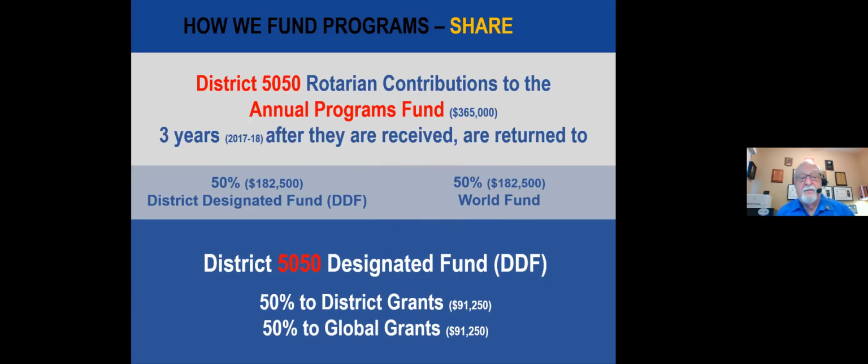The other half then goes up into the World Fund. And the World Fund is just what it says. It's a World Fund that we can all tap into. It's a fund that we utilize a lot.